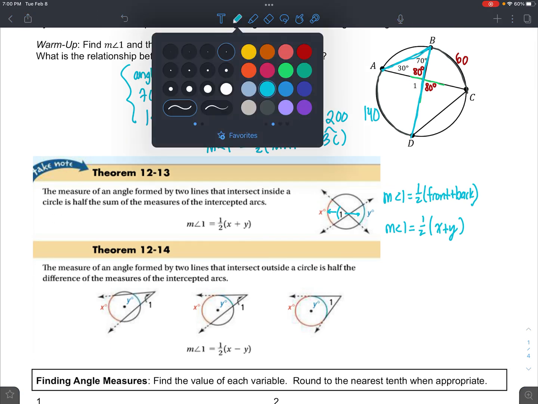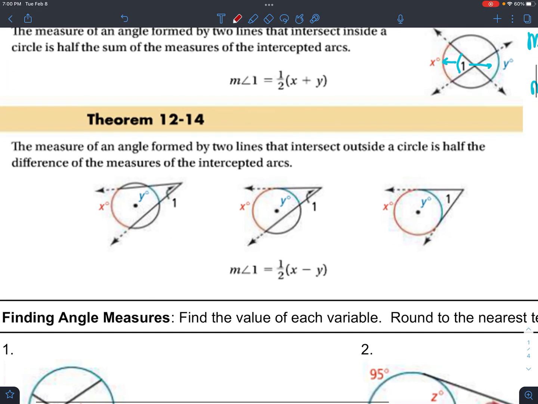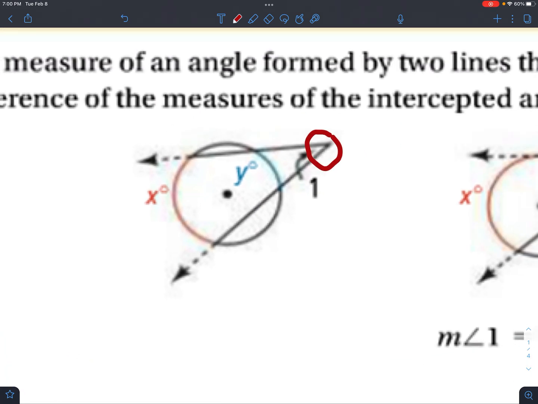The next theorem that we're going to look at is this next one here. It applies in a bunch of different cases. You can see the 3 pictures drawn. No matter what you have, this is when the angle is on the outside of the circle. And it has 2 arcs that are intercepted by that angle, that massive angle that's going like this.